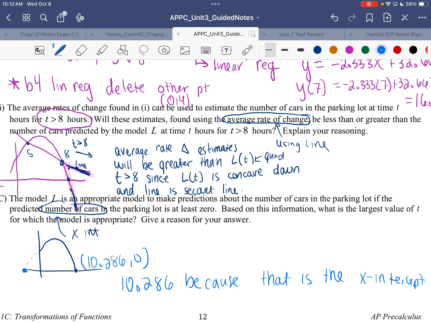I guess technically we want the larger x-intercept. If there was a smaller one, you want to go further. Larger x-intercept.